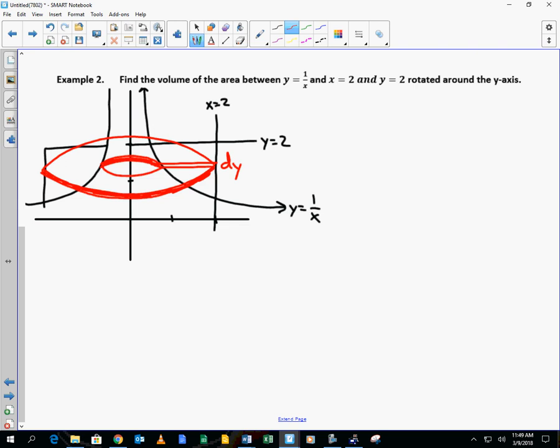So everybody see the shape that I'm generating here. Very good. Okay, so I kind of get a donut type shape. I've got a washer right here.